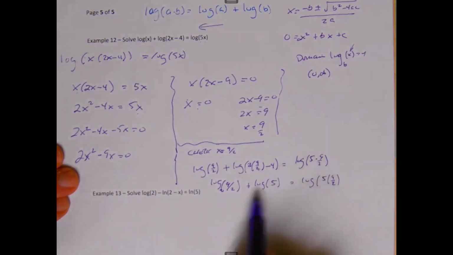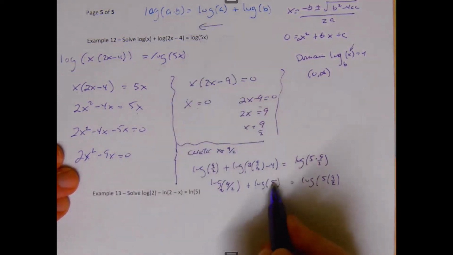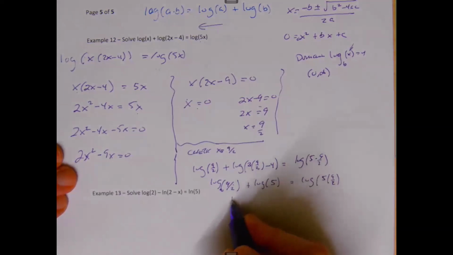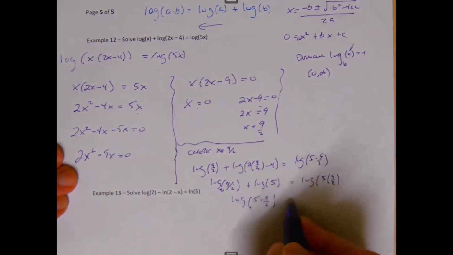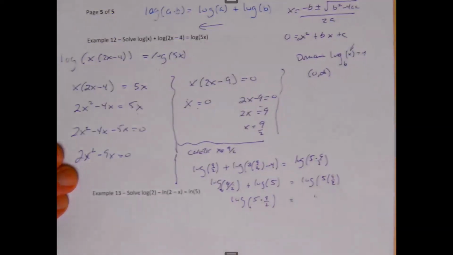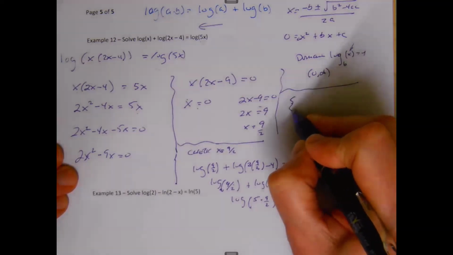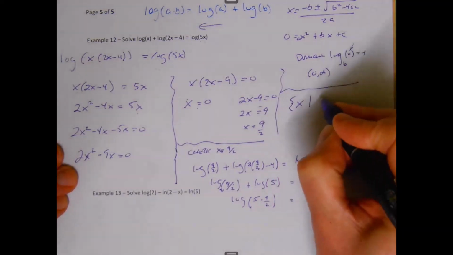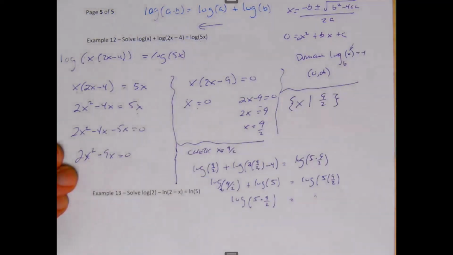And if I apply the log rule backwards, I can multiply these insides and I'll get exactly what's on the left side. So it'd be 5 times 9/2, and so there I have equality. So this checks out. There's only one solution here. The answer is x equals 9/2 is the only solution.